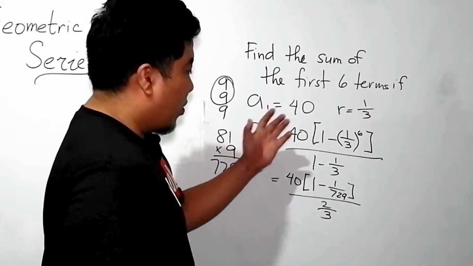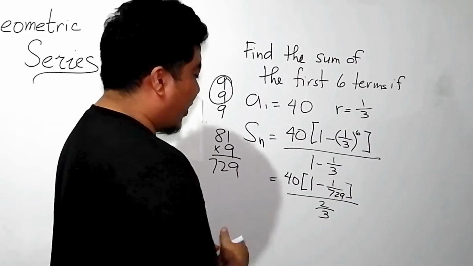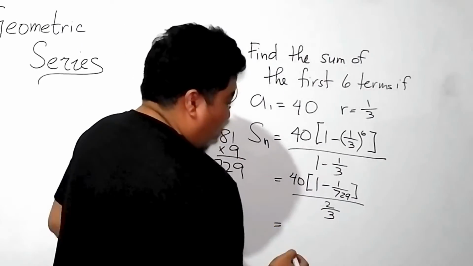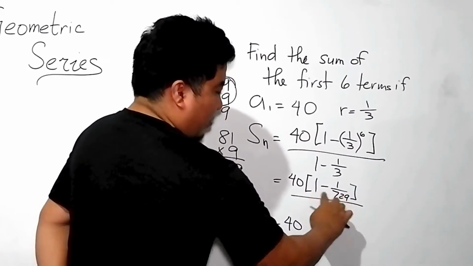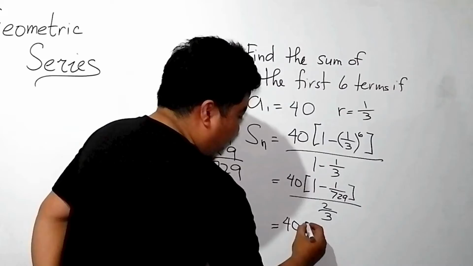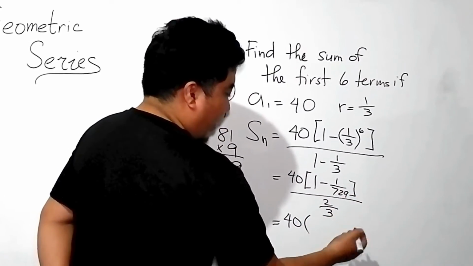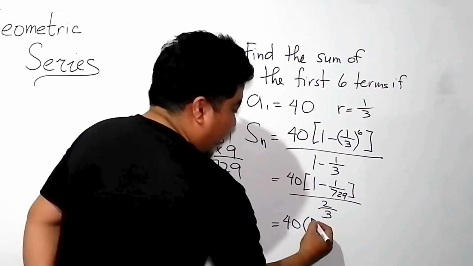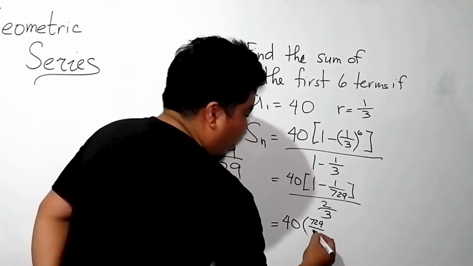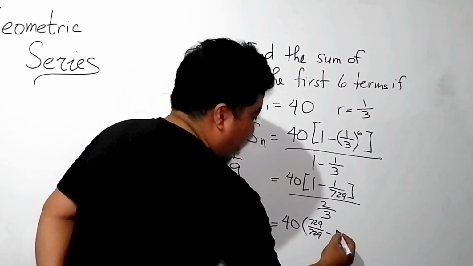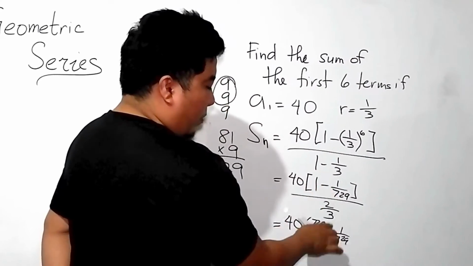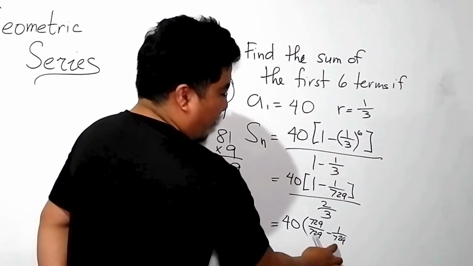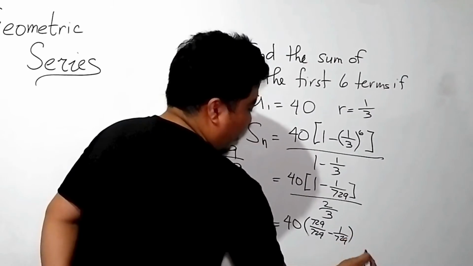So, the question is, how do we simplify this one? Now, what we do here is we subtract this first. This will become 1 minus 1/729, that is 729 over 729 minus 1 over 729, because we will change our whole number into the same value for the denominator.